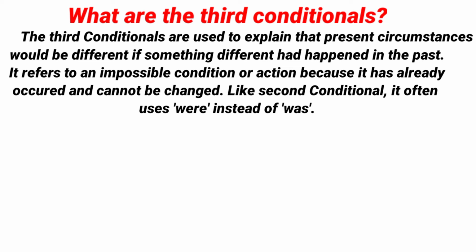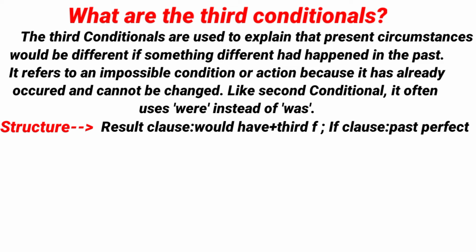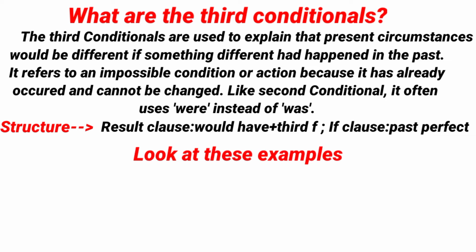Like second conditionals, it often uses were instead of was. The structure of the third conditional is: result clause has would plus have plus third form and if clause has past perfect tense. Look at these examples.